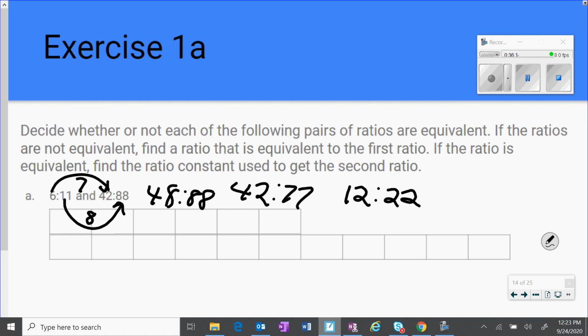Let's do one more. Who can give me one more equivalent ratio? You're always answering. We've got to get somebody else. Armstrong. If you took 6 to 11, what's an equivalent ratio?